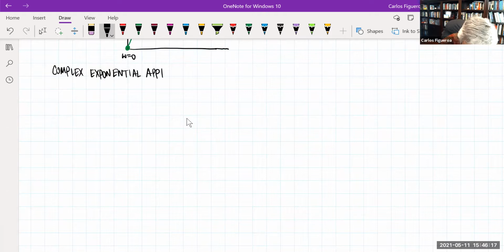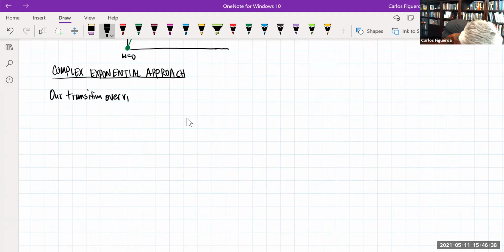Now, I want to be careful here because this is what I want to do. What you're seeing here is that there's a progression. So our solution transition overview is like this.